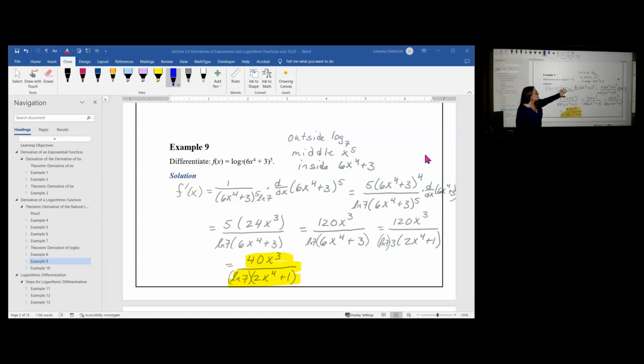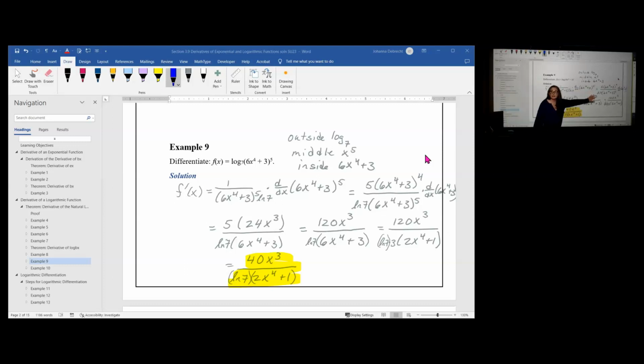I apply the chain rule more than once in order to find the derivative of this function. The derivative of a logarithm is 1 over the argument, exactly as it is, in the denominator times the natural log of the base, which was 7. Then multiply by the derivative of what was inside the logarithm.